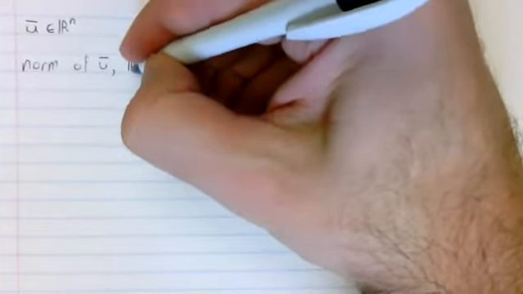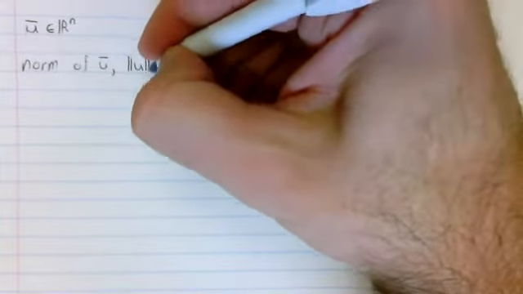In this video, we're going to take a vector in Rn, and we're going to define something called the norm of a vector. The notation for the norm is two absolute value signs sitting next to each other.